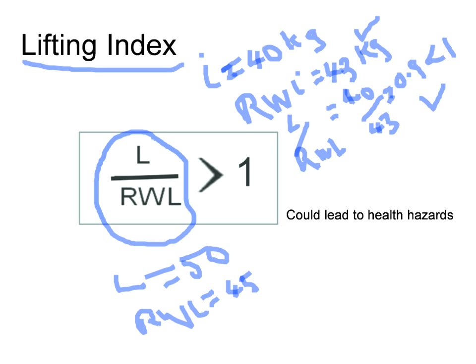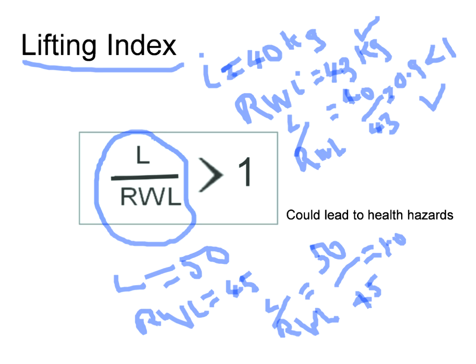L is 40, RWL is 43. So this is obviously 0 point some value, 0.9 or something. So this is less than 1. This is safe because actual load is less than RWL. Okay, this is good, no problems.